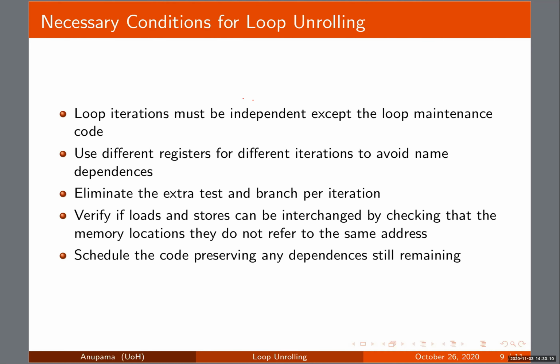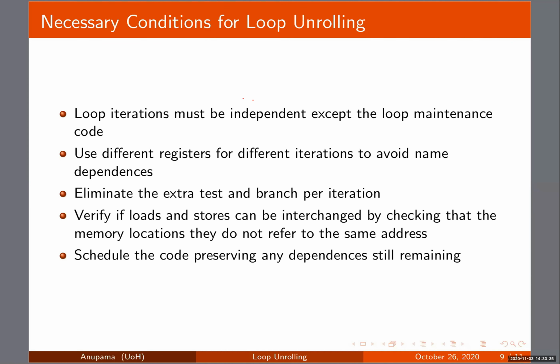The most important thing is to avoid name dependencies. Use different registers for different iterations. Like I pointed out, the load was into different registers, the add output was into different registers. If you didn't have that, then there would be output dependencies, which is one of the forms of name dependence, right?